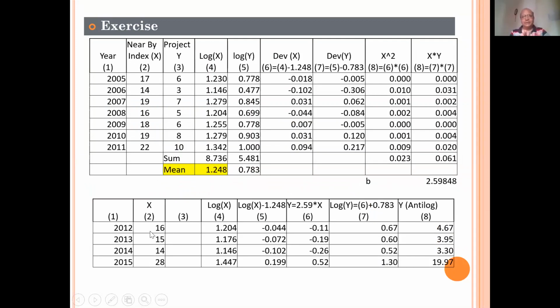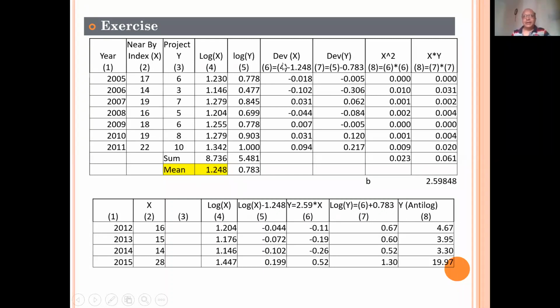We don't have data for our site. So we take log x in the fourth column, log y in fifth column, then we will take deviation, means deviation x is equal to column 4 minus 1.248, which is the mean. Similarly, deviation y is equal to column 5 minus 0.783.